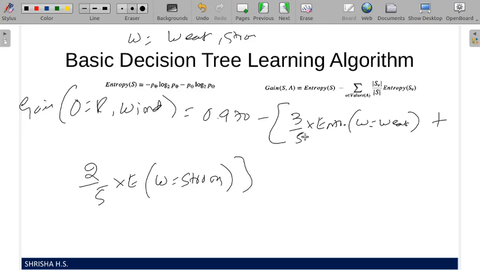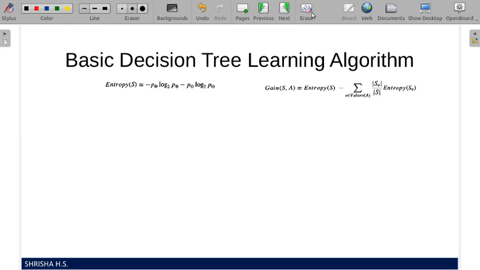So we have to calculate the entropy when outlook equal to rain and wind is weak, and the entropy when outlook equal to rain and wind is strong. So we'll start calculating that.